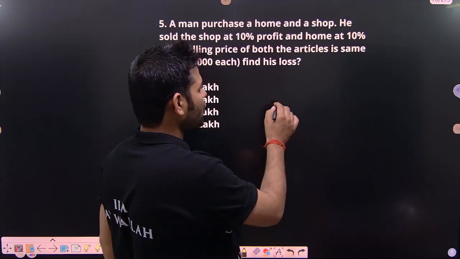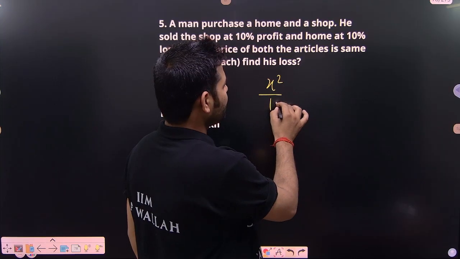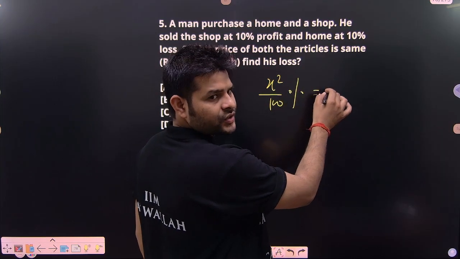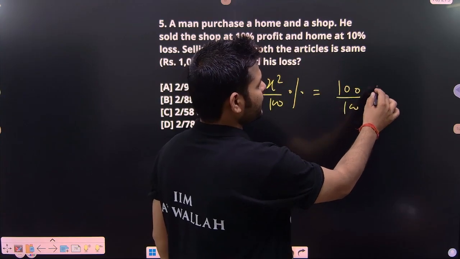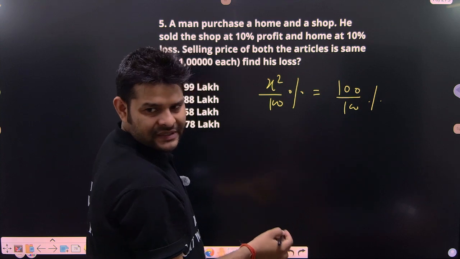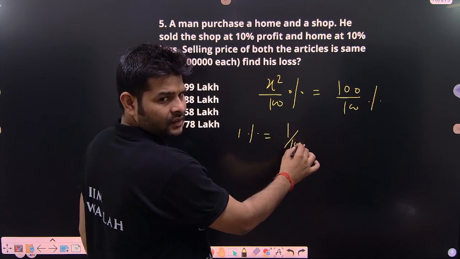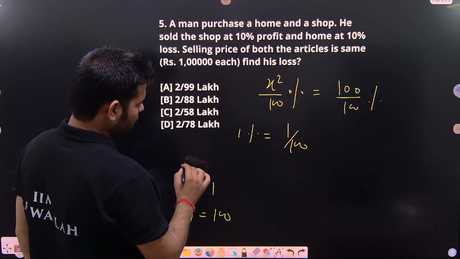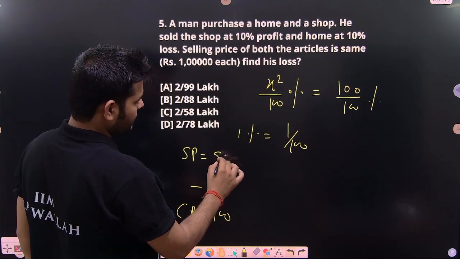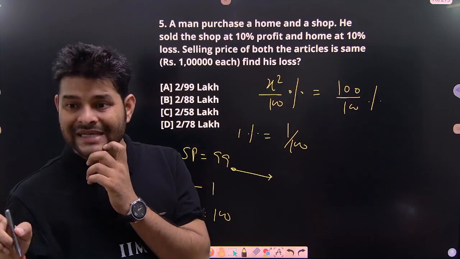So that means overall that would be x square upon 100 percent loss. So x square means 10 square upon 100, which means 1% loss. 1% value would be 1 upon 100. So CP is 100, 1 is loss, SP would be 99 units, which is going to represent total SP.